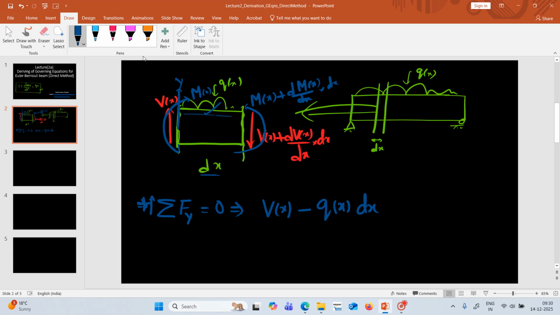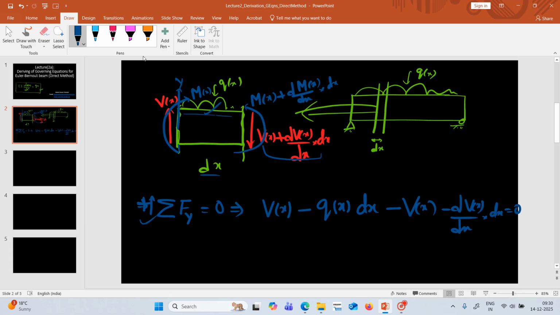Then this force is in the downward direction, so it is minus V(x) minus dV(x)/dx into dx. To maintain equilibrium, this is required.